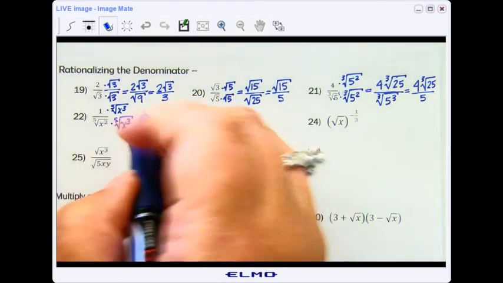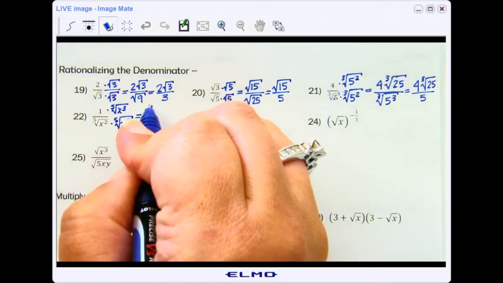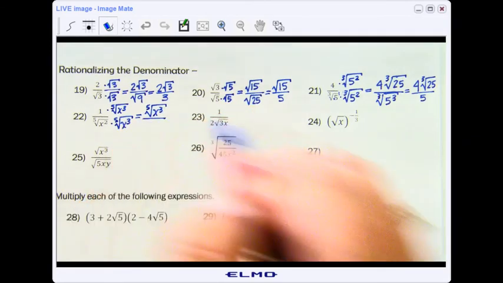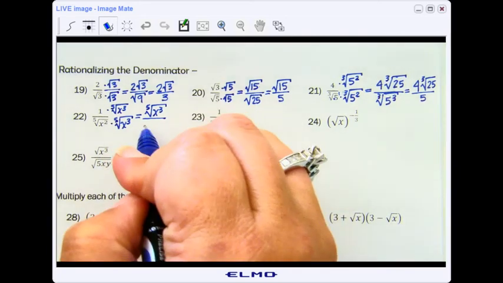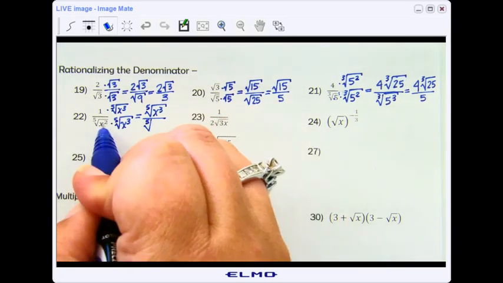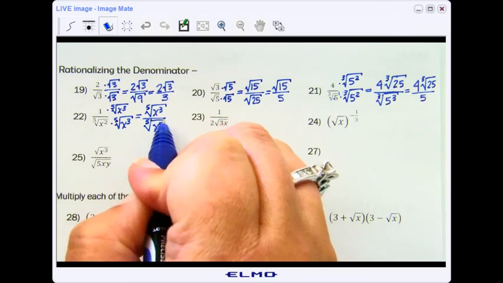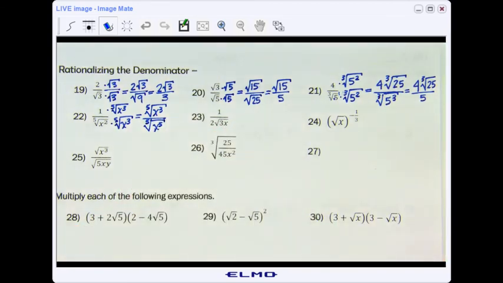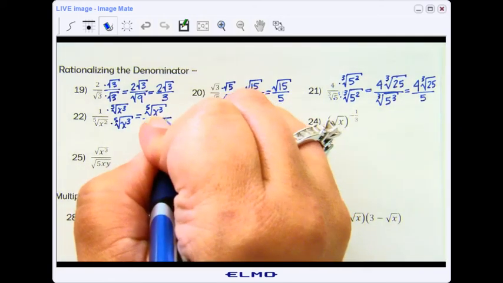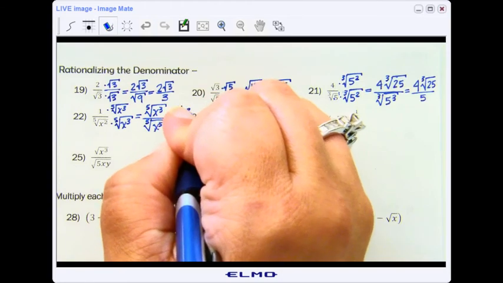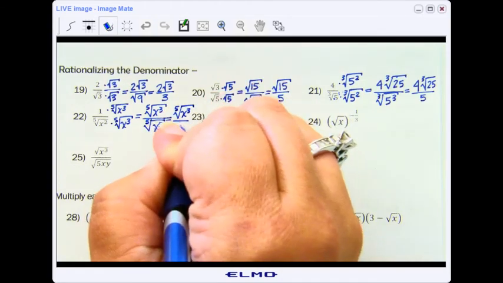When I do that, I have the fifth root of x cubed on top, and on the bottom, I have the fifth root of x squared times x cubed, which is x to the fifth power. The fifth root of x to the fifth power is x. So I have the fifth root of x cubed over x.